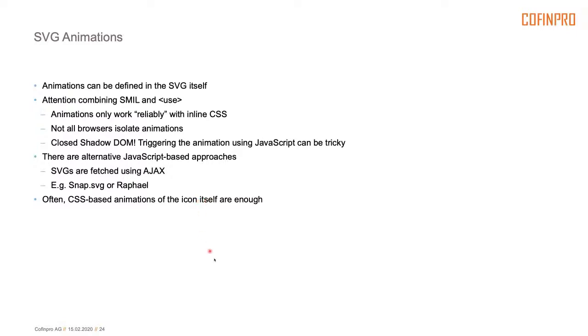So maybe you just want to spin a coin or something like that when you click on a button. You can also do that with CSS-based animations, and you can just animate the icon itself, and you do not have to put the animation inside the icon.